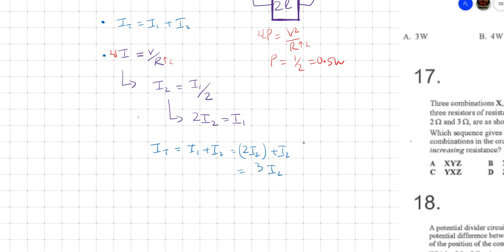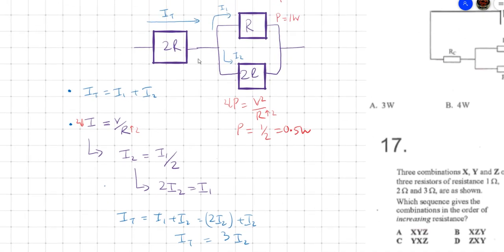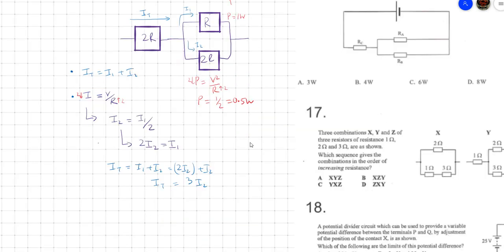Therefore the total current flowing in the entire circuit is 3I2, and the current flowing through this one is 3I2. Now we have an expression for the total current.